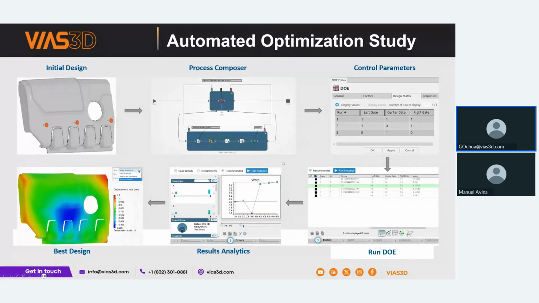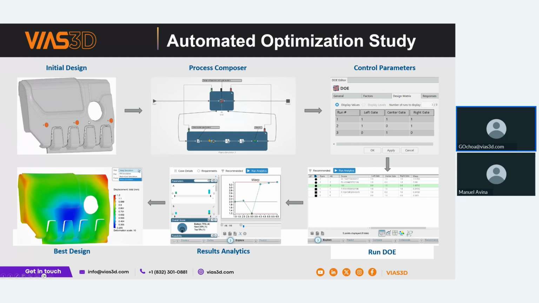And the final step, I mentioned before the automated optimization workflows. So this is how it looks like. This is a process composer application available on the 3DEXPERIENCE platform, where we can basically manipulate different simulations, extract outputs, map the outputs to a specific parameter, and we can start evaluating these parameters.